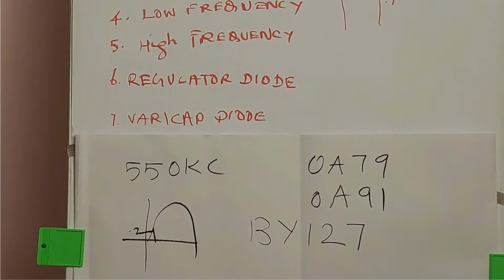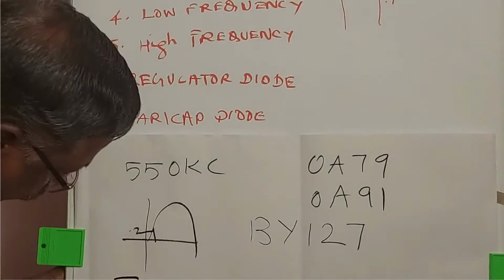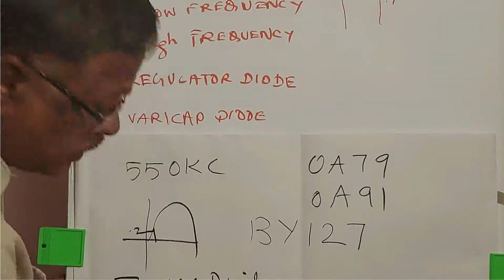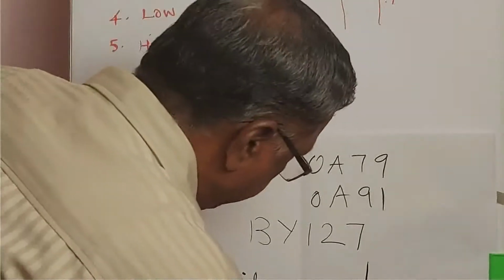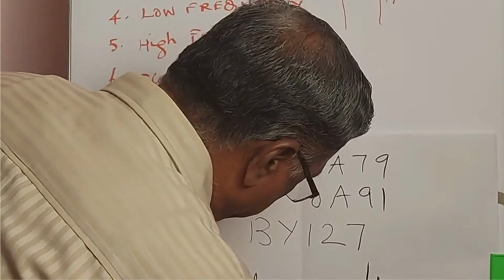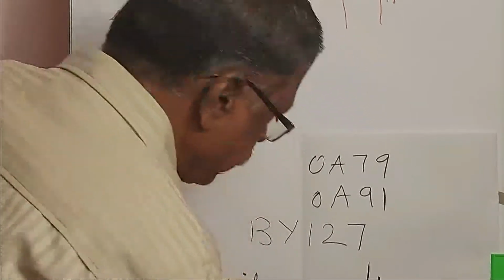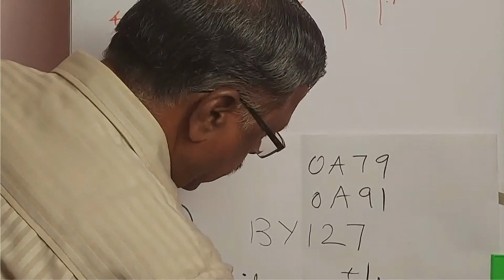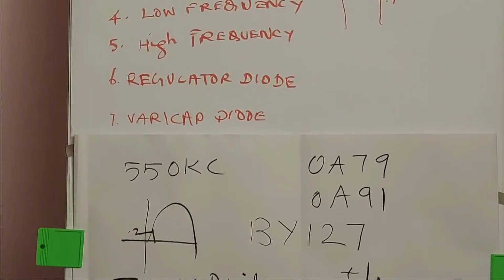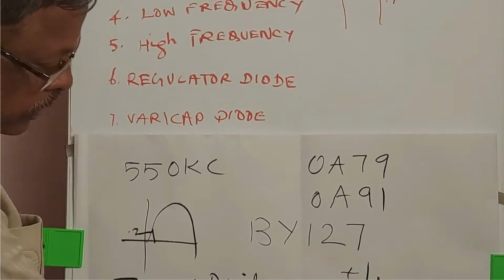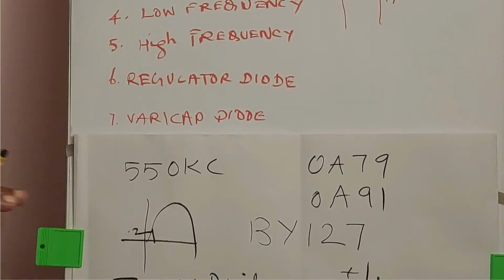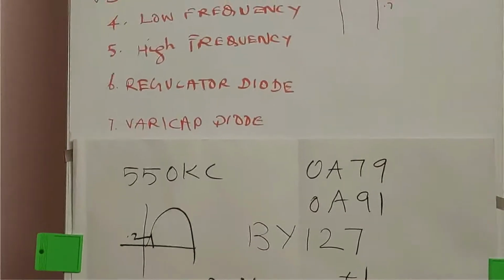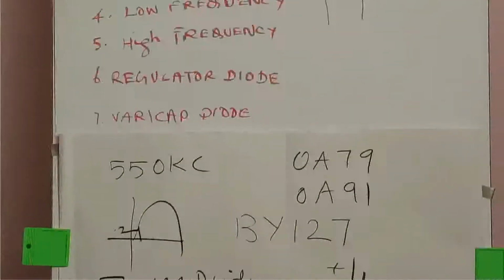Like that, there are certain diodes called Zener diodes. Zener diodes are represented by this plus, this minus. This is anode, this is cathode. When you apply positive voltage to the cathode and negative voltage to the anode, it is reverse biased. In reverse bias, beyond a certain potential, the voltage is going to be constant.